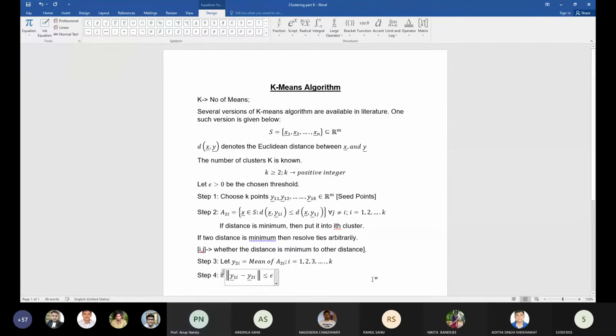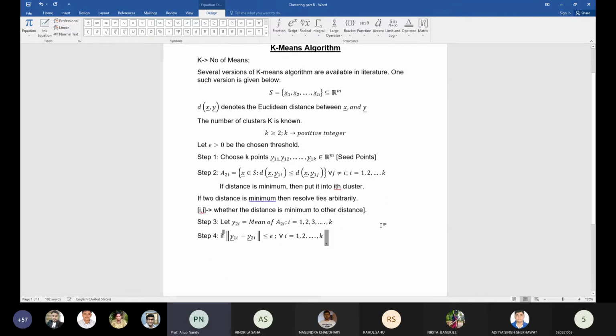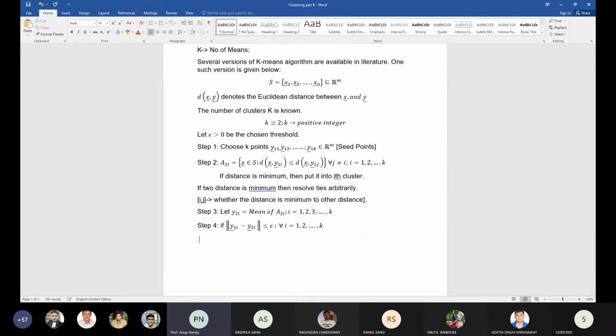Okay, for all i equal to 1 to k, that is what you need to compute. So this is actually two sets of means.